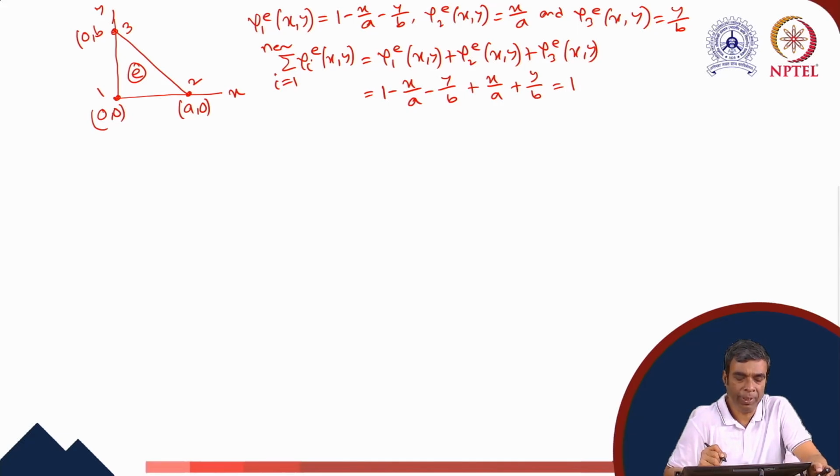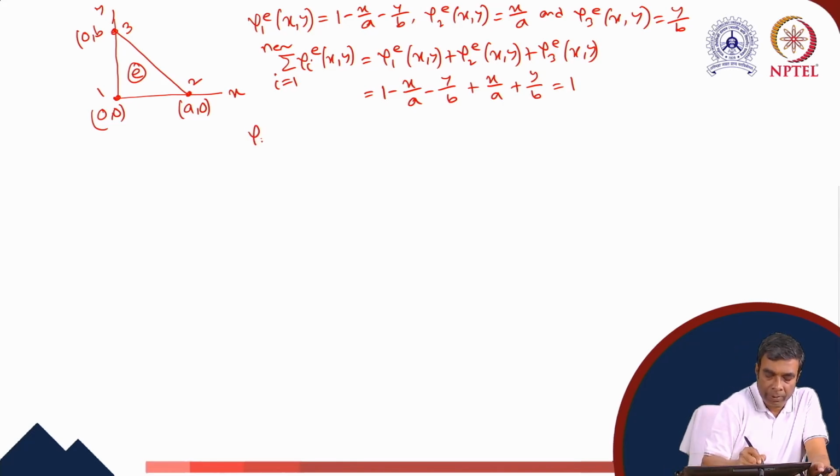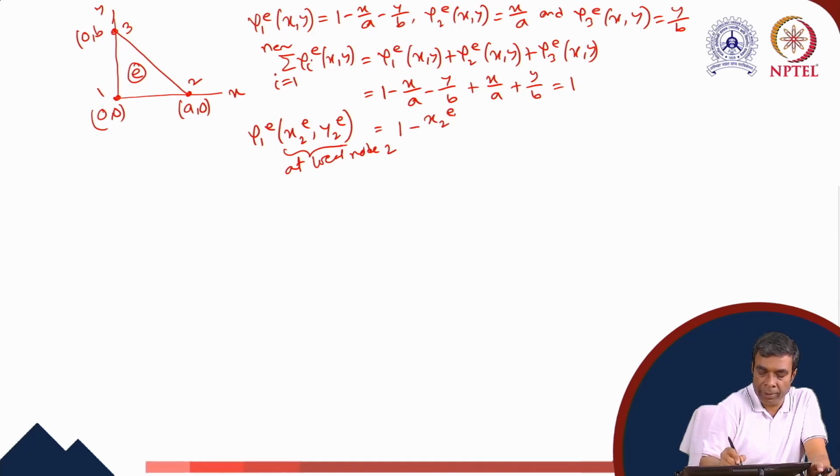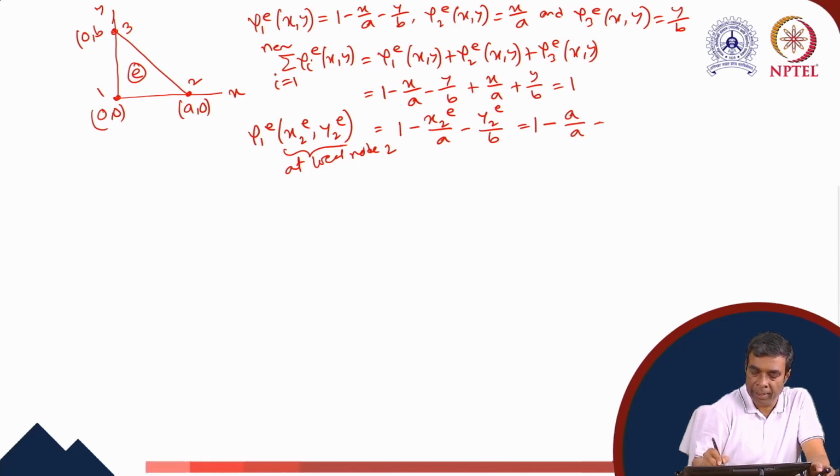Another property we can check is with respect to psi 1e. Psi 1e at x2e, y2e, or psi 1e at local node 2, will be 1 minus x2e by a minus y2e by b. Our x2e is a, so it is a by a. Our y2e is 0, so it is 0 by b. So it is 1 minus 1 minus 0, which is 0.